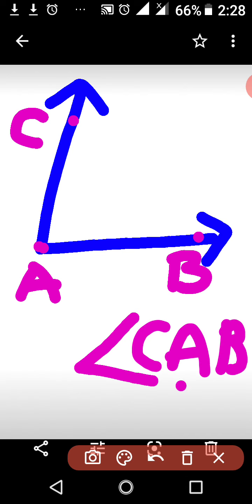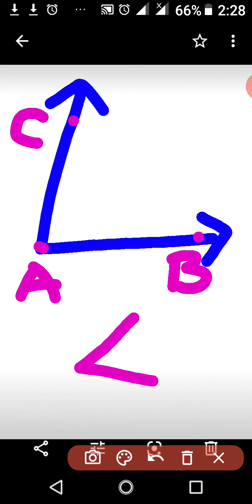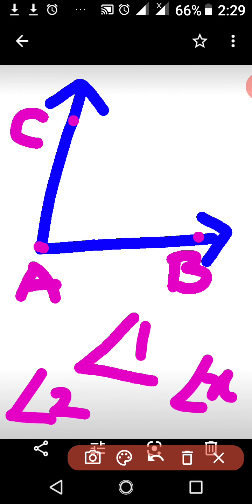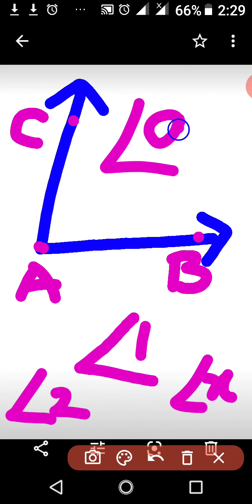A is in the middle, means this one is an angle. Sometimes we will use small letters or numbers to represent angles also, like angle 1, angle 2 or angle x, small letters, angle a, like this. These are the points regarding the angles.